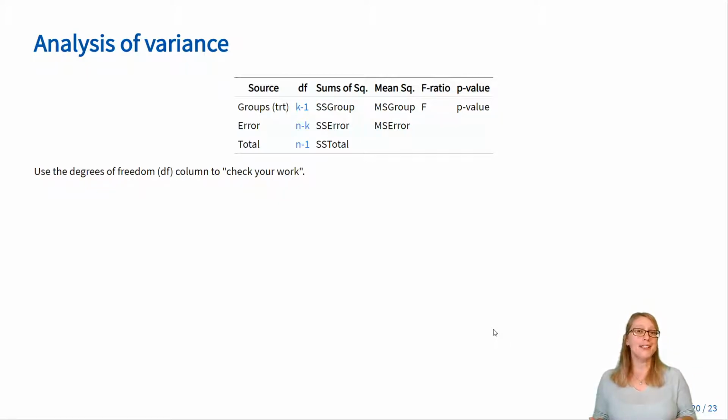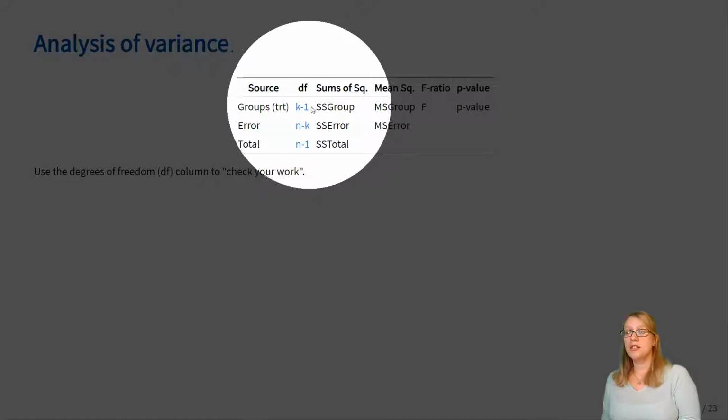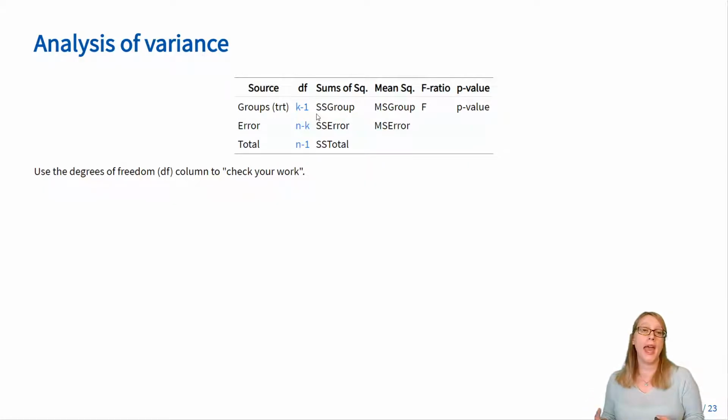So I like to use this to make sure that the model that I fit is the model that I intended to fit. So for my groups, or my treatment, the degrees of freedom are the number of groups K minus 1. So in our dental example, those degrees of freedom should be 3 groups minus 1, so should be 2 there. The total degrees of freedom are the number of observations n minus 1. Then the error degrees of freedom are n minus k.